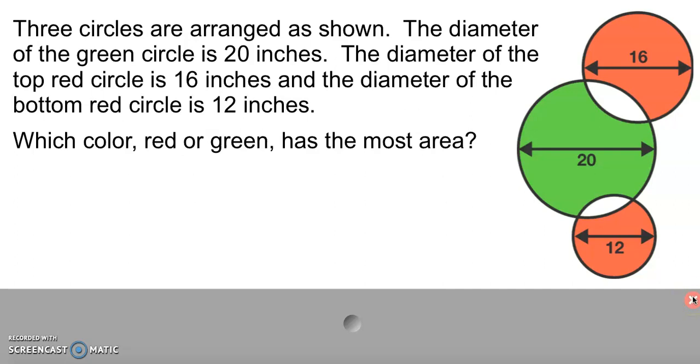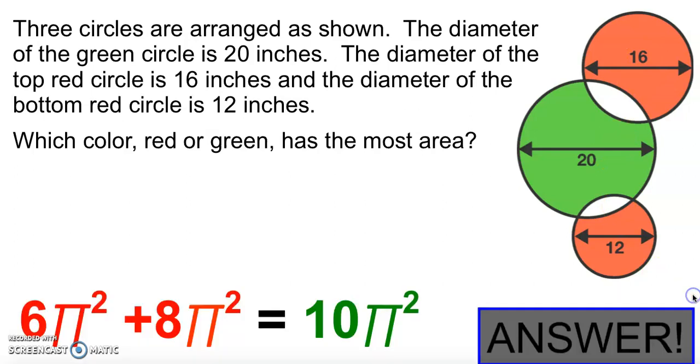Now, there's another thing here. I kind of hope maybe you saw this, and there might be a couple of you that did. When we take a look at the radii here, this radius is 6, this radius is 8, and this radius is 10. And that reminds me of a 6, 8, 10 triangle.